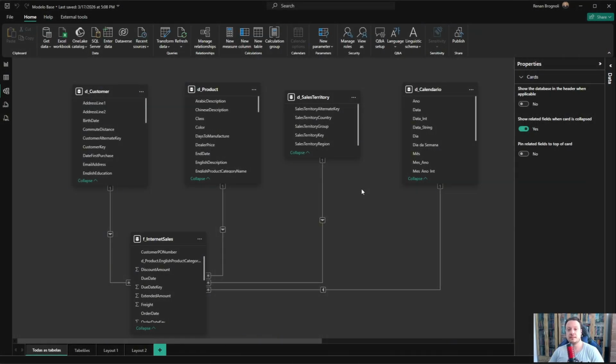Before we start understanding the difference between DISTINCT and VALUES, we need to understand something about our relationships. A good practice in relationships is to have one to many, where the one side of our relationship is our dimensions and the many is the facts.